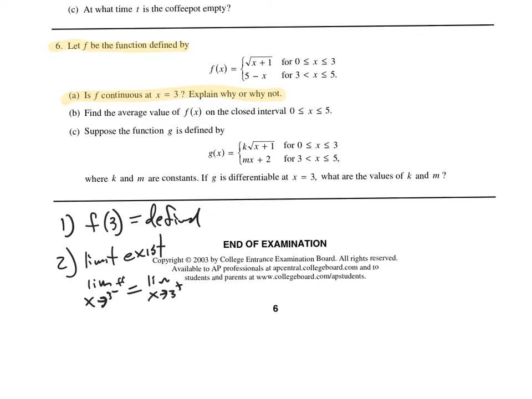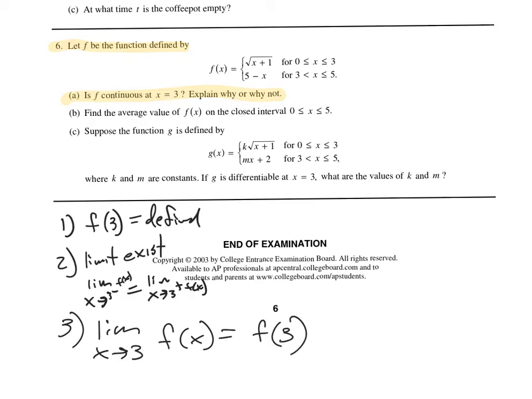I should put "of f of x" there. And lastly, and this is the big one, is the limit as x approaches 3 of the function the same as what the function is defined at that point, okay? So first off, is it defined?